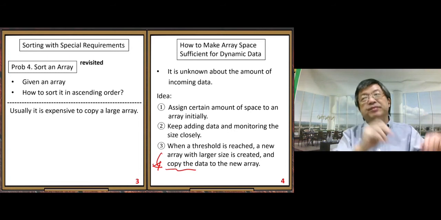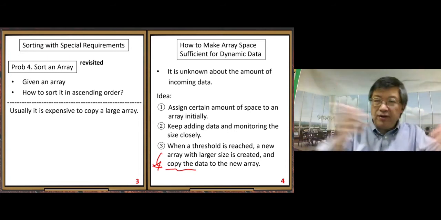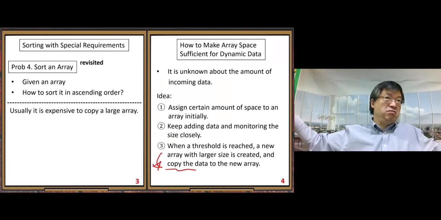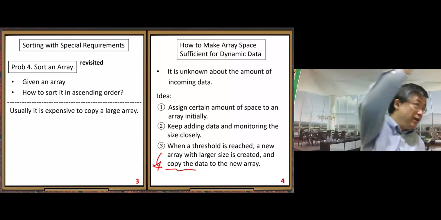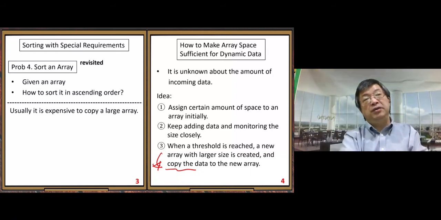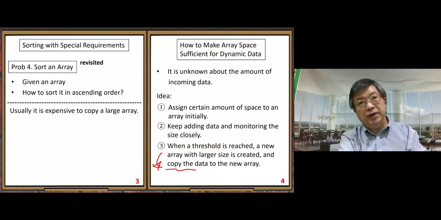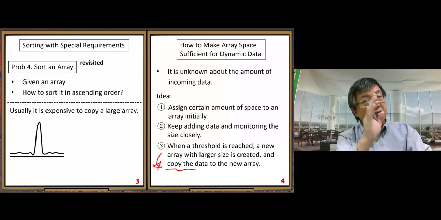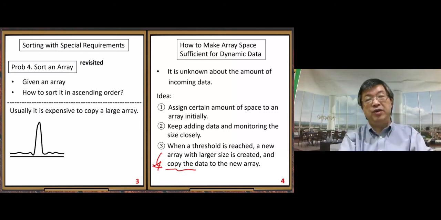Let me go a step further for this situation. It is very expensive to copy large data. Your data size could be very large, so you copy from one array to another array, and it may take some time. Here I use this curve to represent the situation.